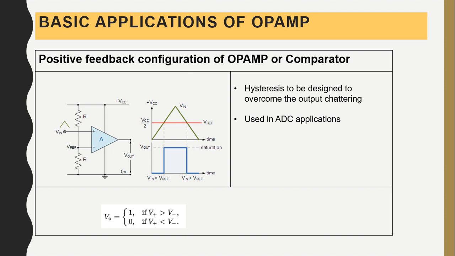If the voltage at the plus terminal is less than the voltage at the negative terminal, it will result in the negative supply. Right now it is connected to 0 volt, so I have mentioned it may result as 0 volt. These are popularly used in ADC and DAC applications.